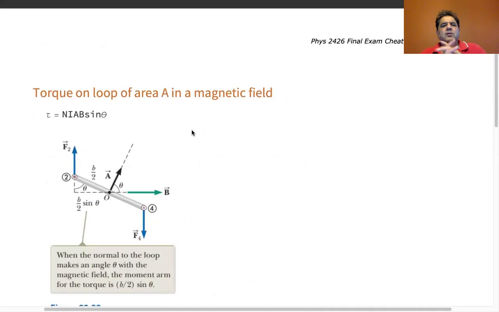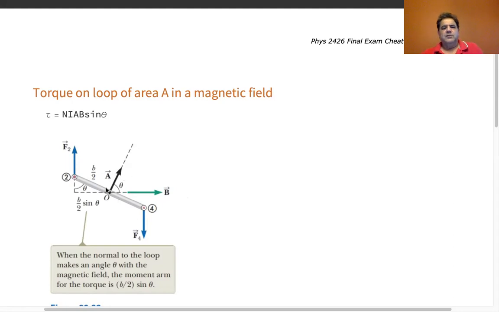Okay, torque on a loop of area A in a magnetic field. I included a graph, and I didn't have it when we did the virtual office hour. But the torque is equal to N, the number of turns on the loop, times the current through the loop, times the area of the loop, times the magnetic field, times sine theta, where theta is the angle between the magnetic field B and the normal to the loop.